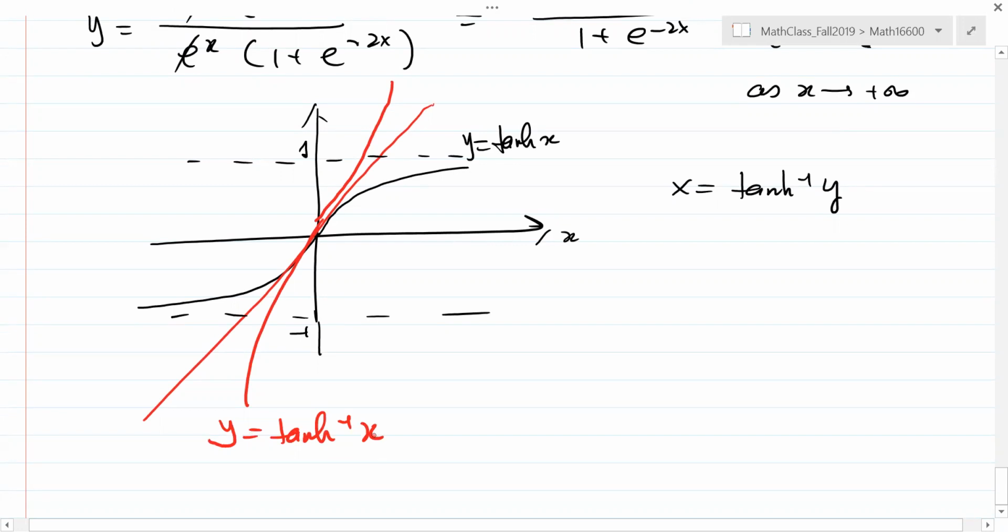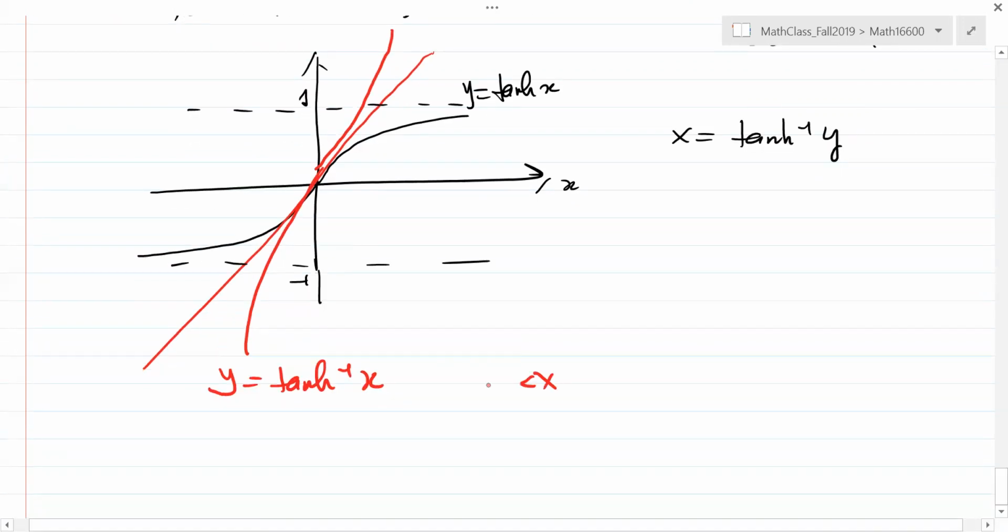okay? Now, be careful about the domain. The domain for the inverse tangent of this will be between -1 and +1, because you have 2 vertical asymptotes, okay?